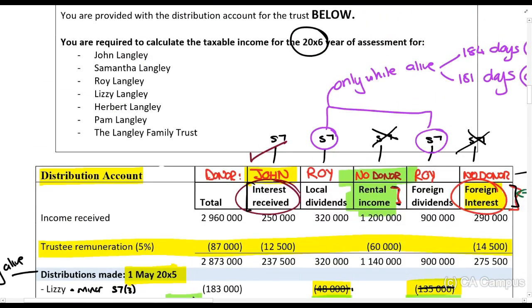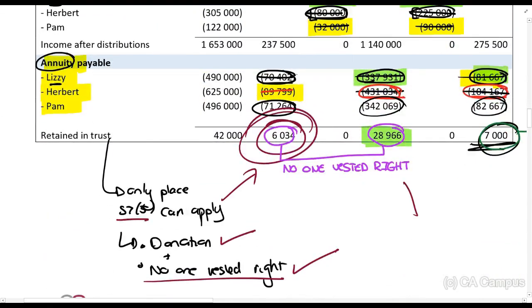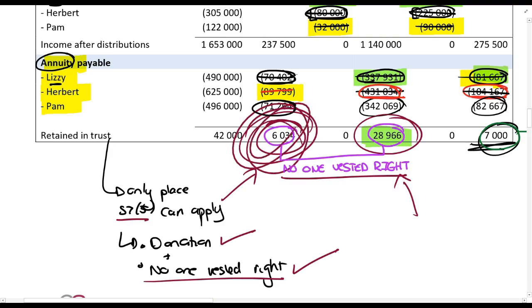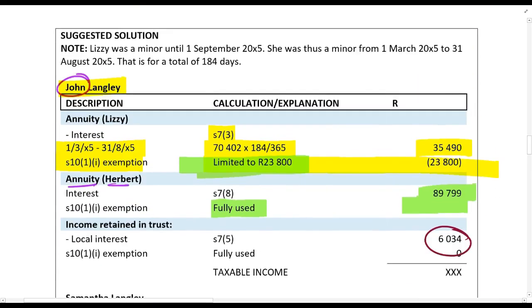So who should be taxed on it? John. So make sure that you compare the 6,034 and the 28,966. The 28,966 is taxed in the hands of the trust because there's no vested right and there's no donor. The 6,034 is also no one with a vested right, but it's taxed in the hands of the donor because of section 7.5. So here's the 6,034 for John.